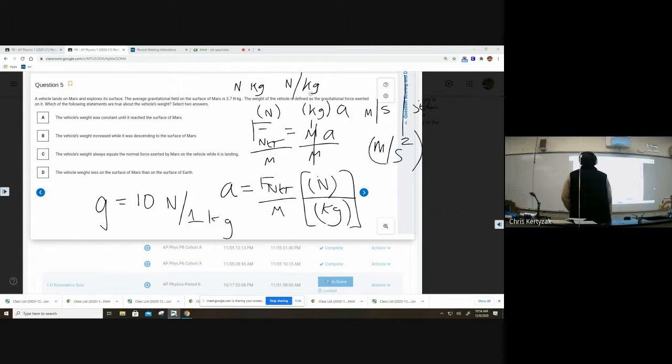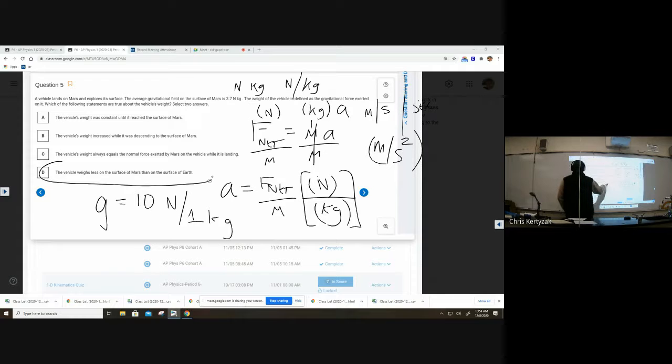The weight of the vehicle is defined as the gravitational force. Mars's force pulling it down is called the object's weight on Mars, which would be different than what it weighs here because Earth has different gravity. Earth's gravity is stronger, so that vehicle would weigh more on Earth and less on Mars. It says select 2 answers that are true.